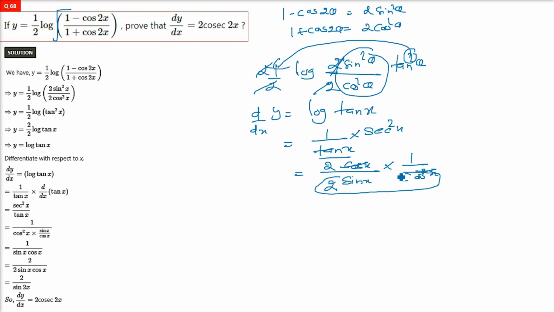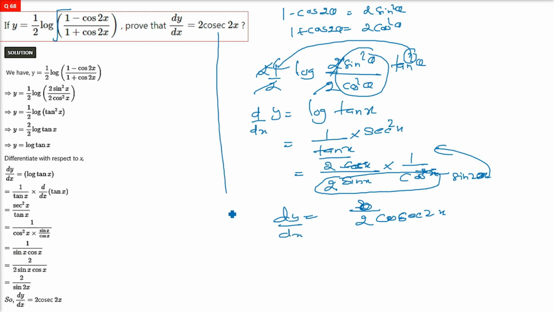I have introduced it. 2 sin theta cos theta is sin 2 theta. So 2 by sin 2x. When it goes up, it will be cosec 2x. 2 was already there. Sin goes up, it will be twice of cosec 2x. And this is simply dy by dx. Alright. So this is what had to be proved, and we have proven it.